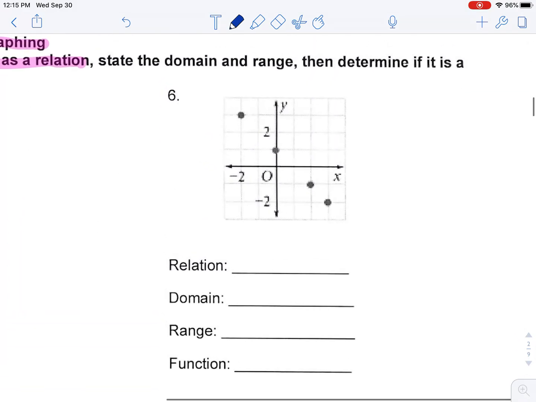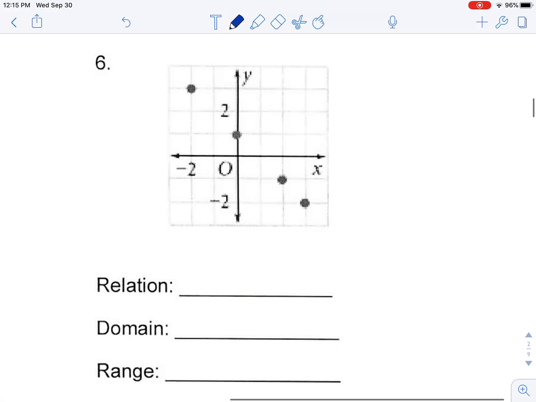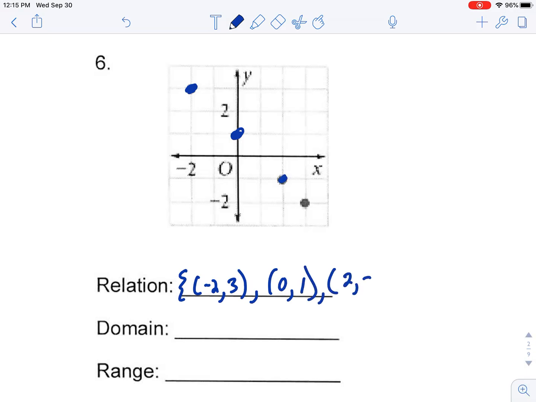So the relation is going to be this point up here, which is -2, 3, followed by this point right here, which is 0, 1, followed by that point, which is 2, -1, followed by that point, which is 3, -2. And again, wrap the whole thing in braces.